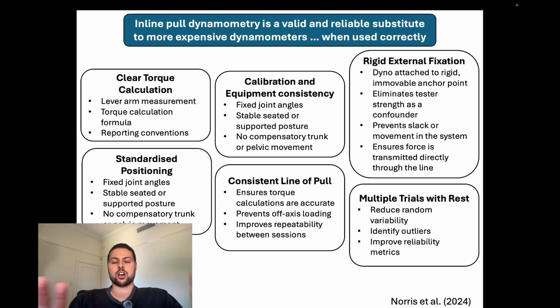That's a nice summary of the findings of that Norris et al. study in 2024. If you do these six things, then you will find that you have a nice alternative valid measure to isokinetic dynamometry using inline pull dynamometry, which is much cheaper, okay? Feel free to take a screenshot.